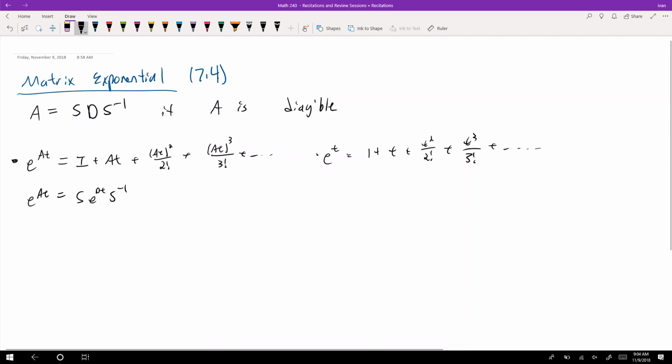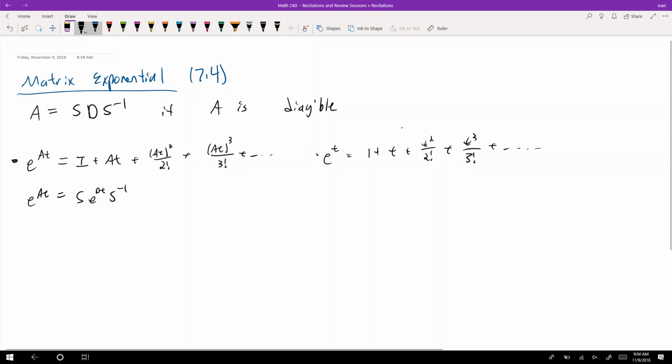The reason we can do this is the same reason that A to the k is equal to S D to the k S inverse. We exploit the same property there. So e to the At is equal to S e to the Dt S inverse.